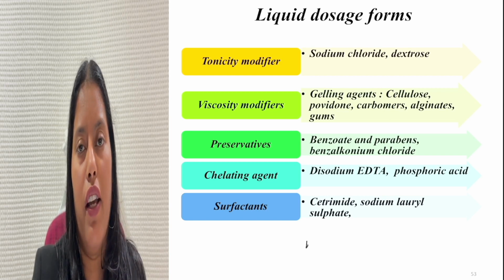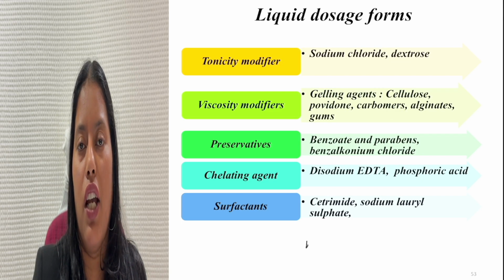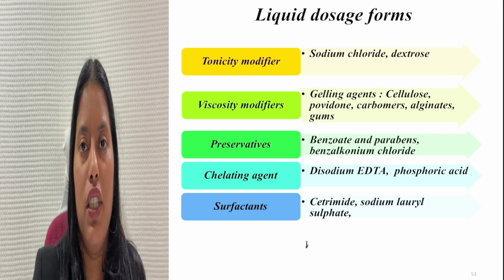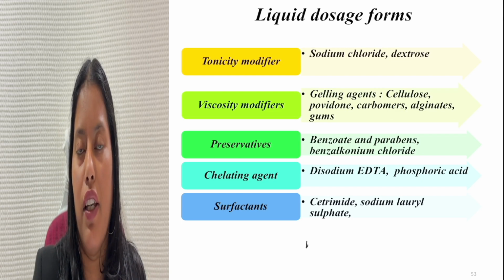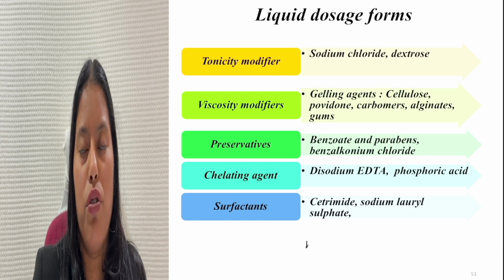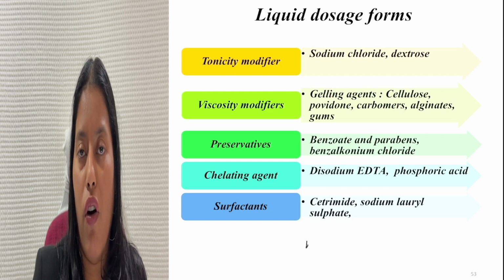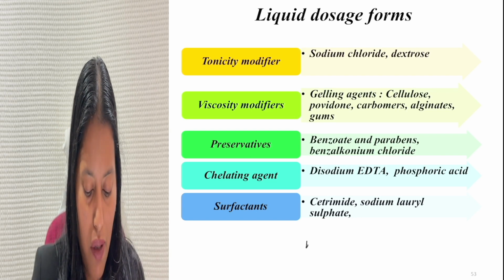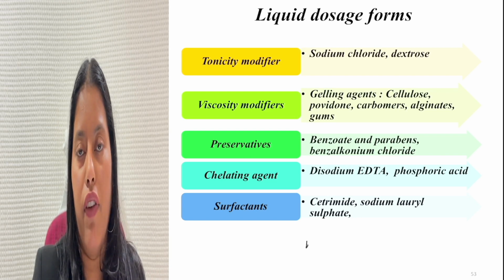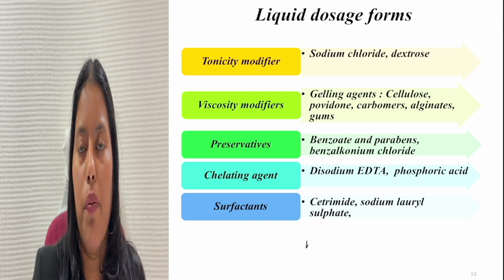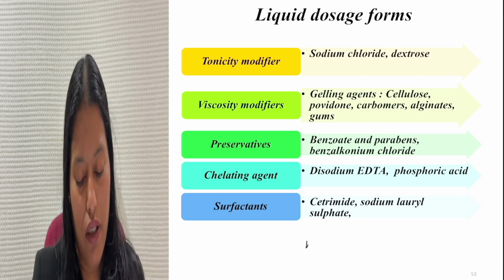Various emulsifiers like gums, acacia, tragacanth are used as emulsifiers, and various surfactants are used to increase the solubility of the drug. So cetrimide, sodium lauryl sulfate, and various gums are examples of surfactants and emulsifiers.